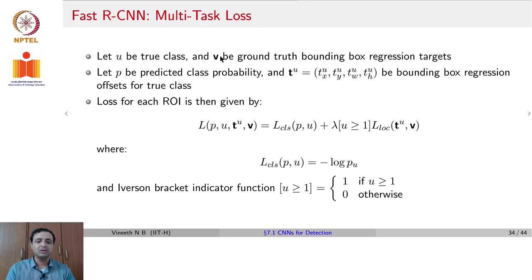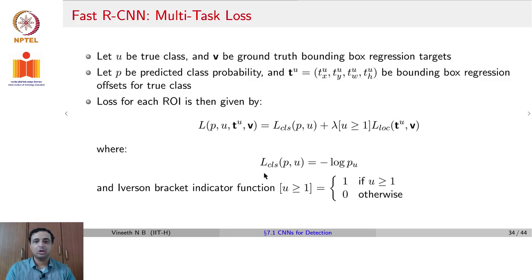Assume that U is the true class and V are the ground truth bounding box regression targets, P is the predicted class probability and TU are the bounding box regression offsets for the true class. Then the loss for each region of interest would be the classification loss plus your localization loss. By localization loss, we mean the bounding box regression loss.